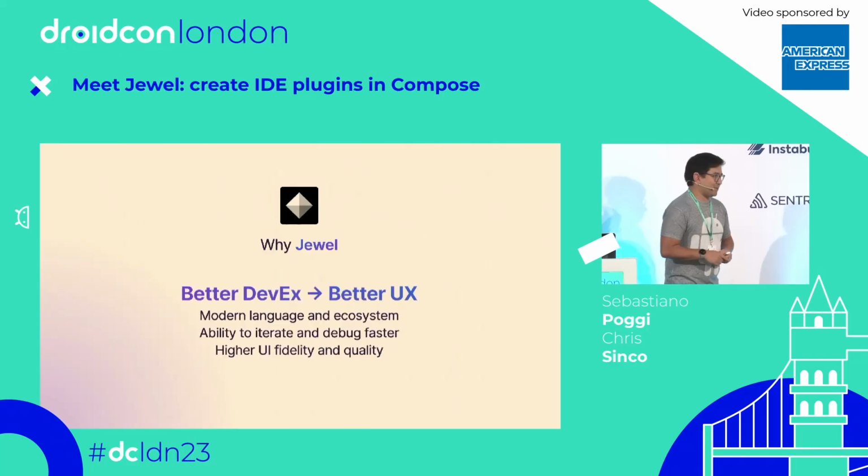And stepping back, why are we really doing this? We're not just doing it because Compose is cool. We really believe we want our developers to be productive. We want them to have a great experience. And we think, with the modern language and ecosystem, they will get that. We also hope that we can iterate faster and debug things faster.